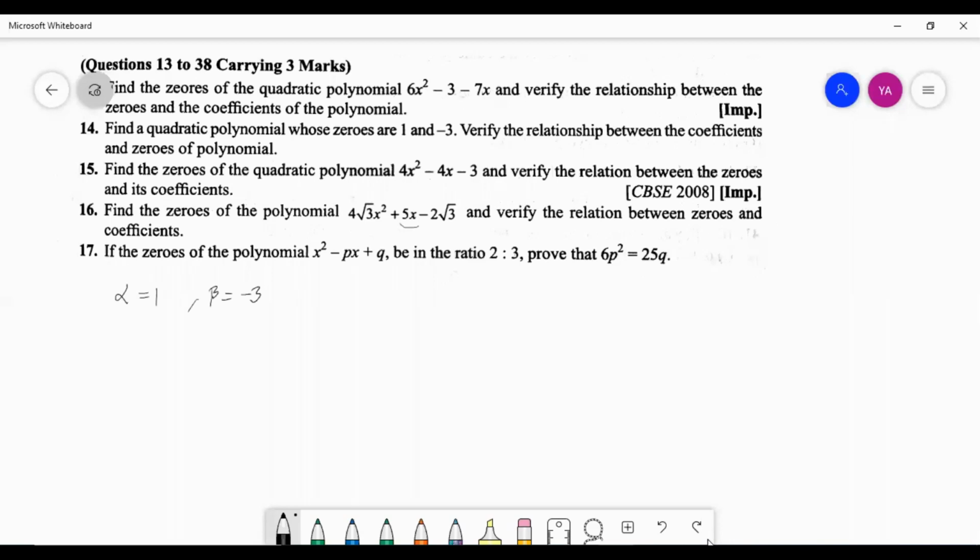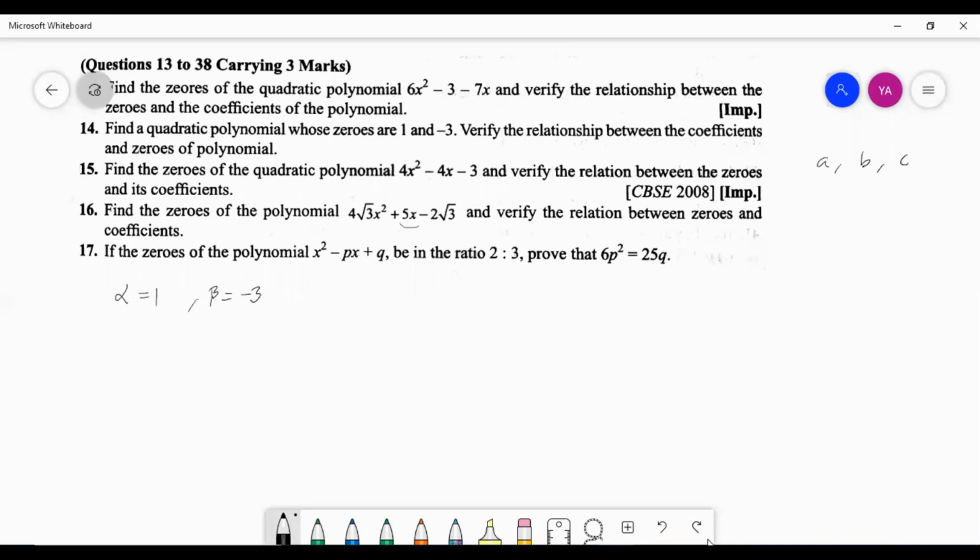So if alpha is equal to 1 and beta is equal to minus 3 are the zeros, you might simply write the quadratic equation first. To verify the relations you want to get a, b and c, that means you want to form the quadratic equation. So how can you form it? By alpha plus beta, 1 plus minus 3 is minus 2, and alpha into beta, 1 into minus 3.